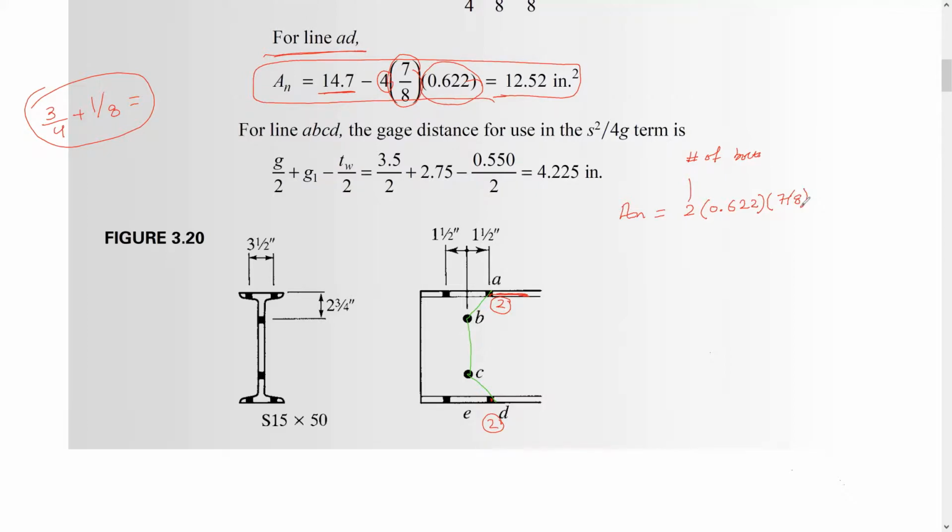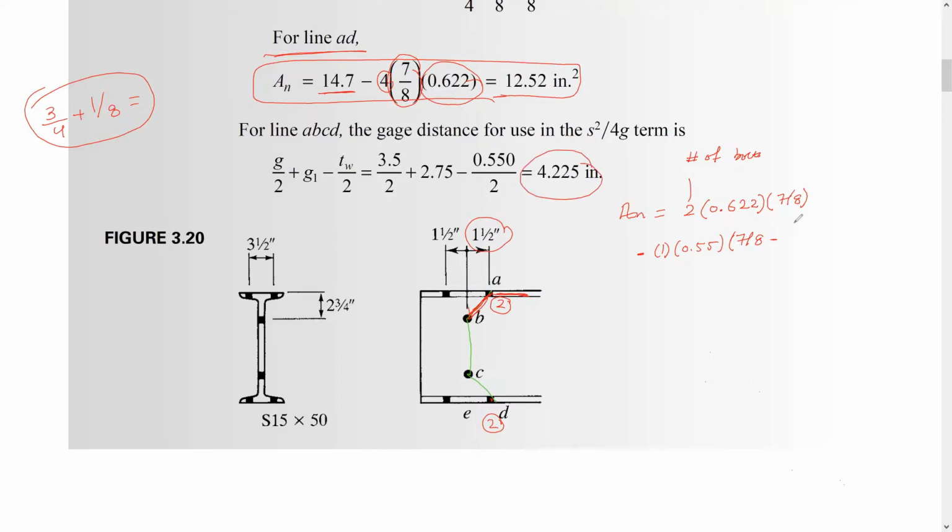So this is the first one, minus, and here we have an inclined line. This one is going to be 1 bolt times the thickness of the web, 0.55 from the manual, times the 7/8. Minus, because we have inclination here, s is 1.5, and g, as we calculated, is this much.